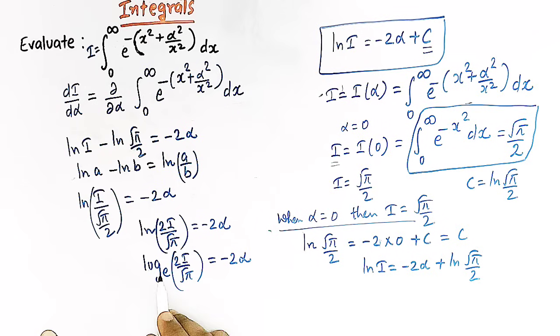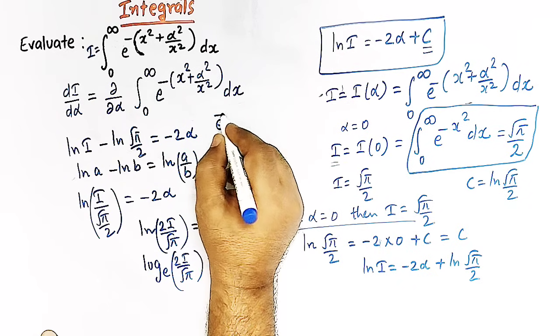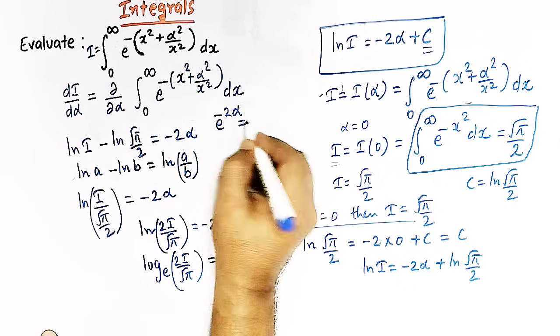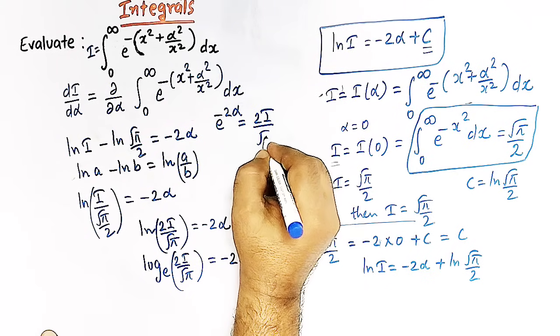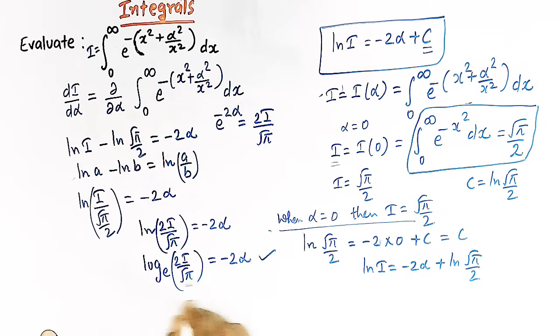So now from this equation we can write e raised to minus 2 alpha is equal to 2I over root pi, right? So here we have used this result, that is log b to the base a is equal to c, then a raised to c is equal to b.